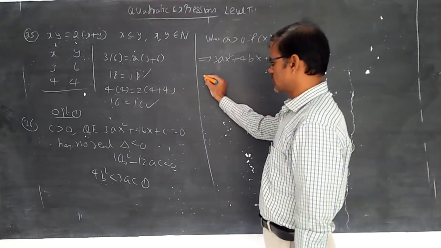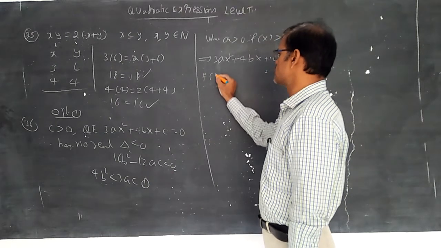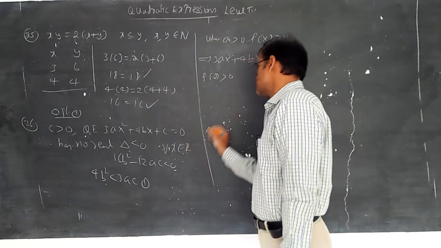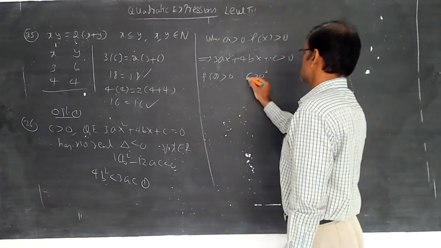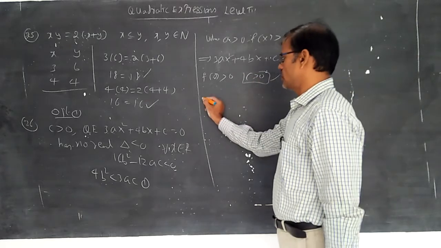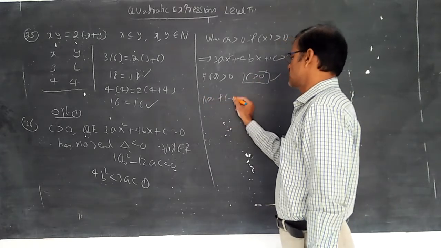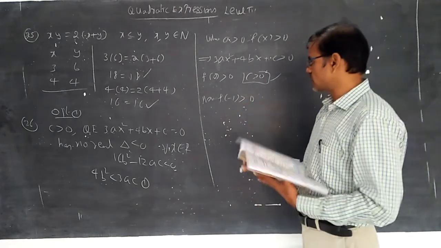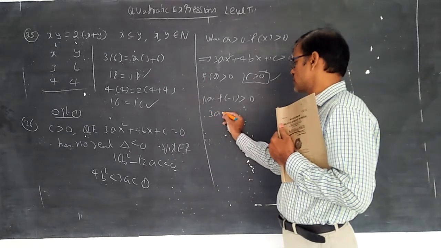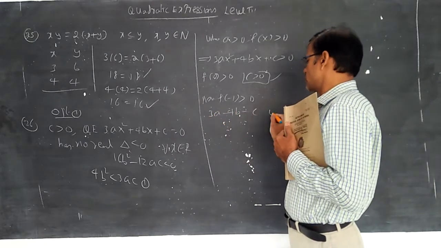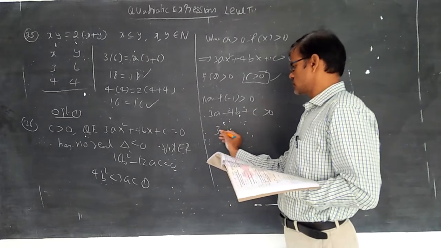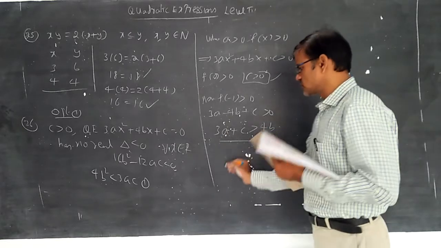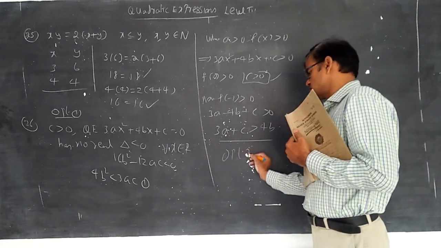So we can say that f of 0 greater than 0 for all x belonging to R; we put 0 and got c greater than 0. Now f of minus 1, f of 1, f of 2, f of minus 2, everything we can put greater than 0. Put f of minus 1: 3a minus 4b plus c greater than 0. So 3a plus c greater than 4b. So option 3 we got.